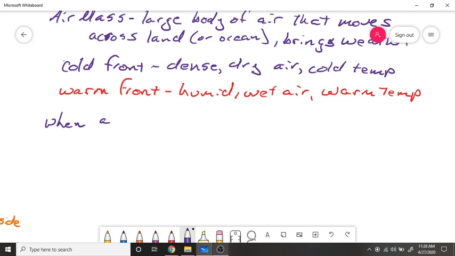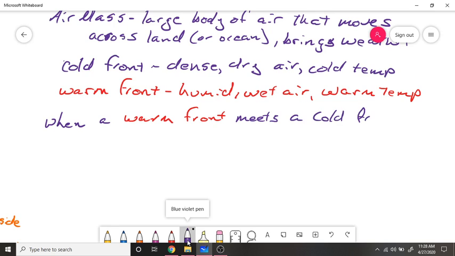So when we have a warm front meeting a cold front, that cold front is going to force the less dense warm air to rise very quickly.